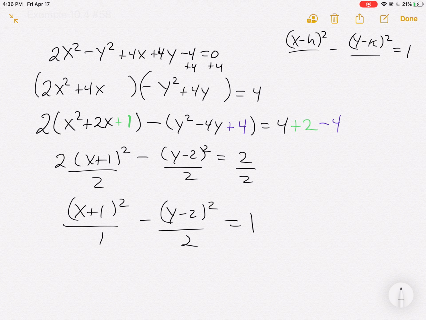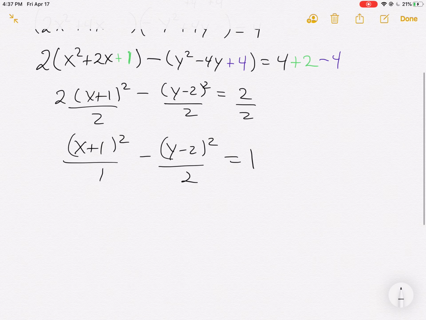So what do they want us to do with this? As we look at something like problem 58, they wanted us to find the center, the transverse axis, the vertices, the foci, and the asymptotes. Now we can. Before you go crazy, you could go to the back of the book, look up something like 58, make sure we're doing it right, and we find that we are.